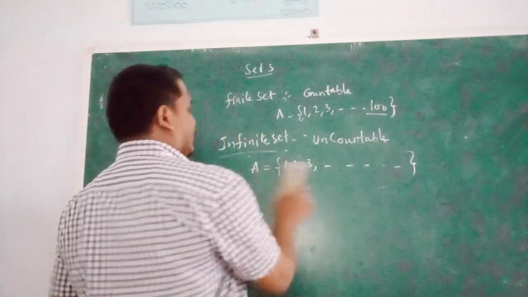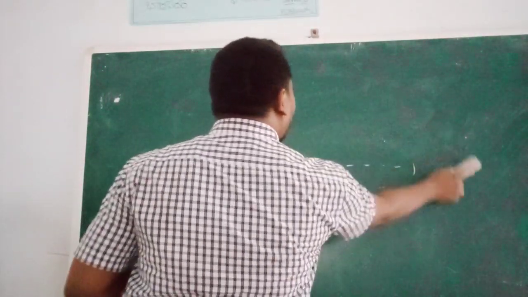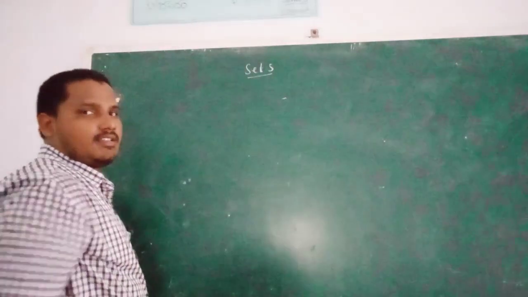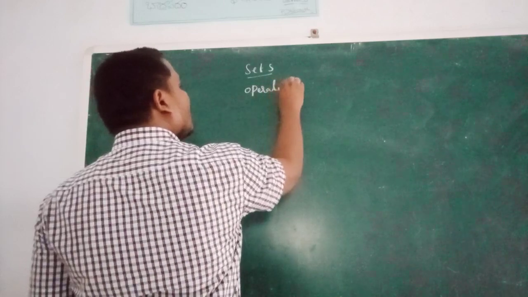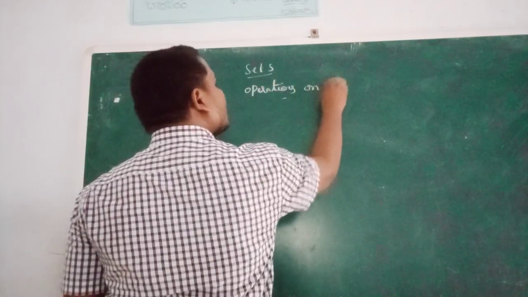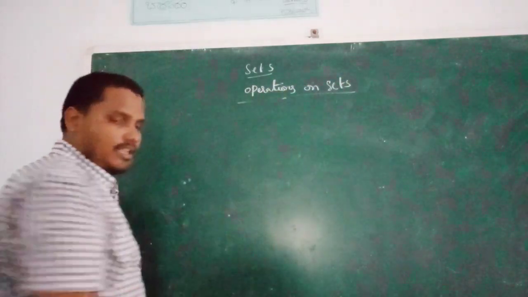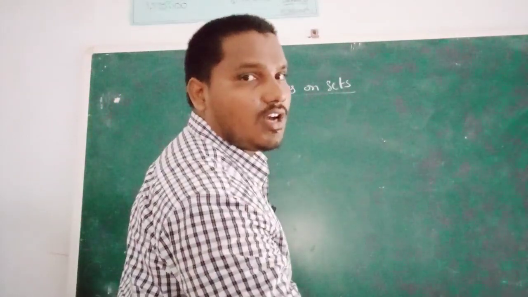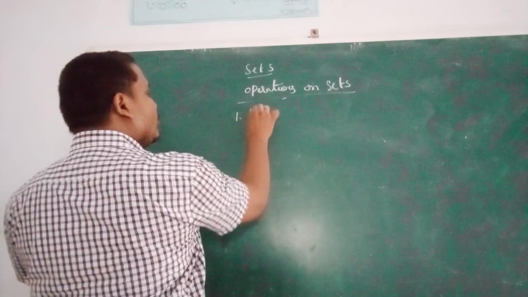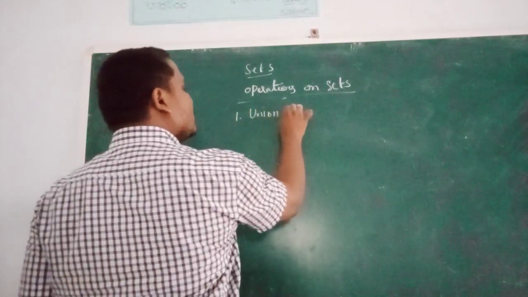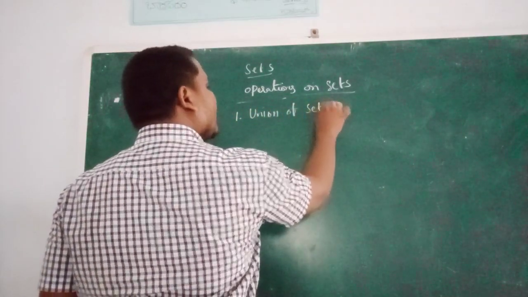Next topic, operations on sets. Here we have the types of operations. First one, union of sets.